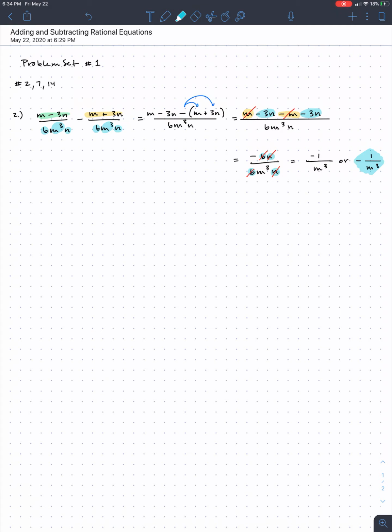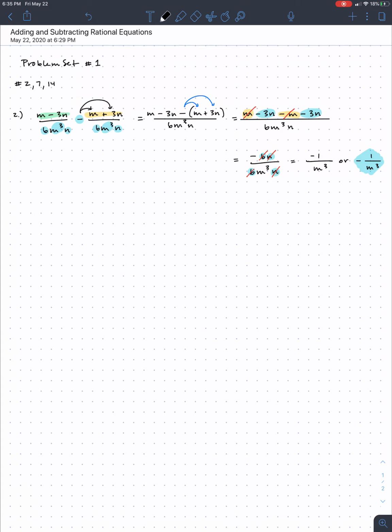So why did we show that example? Because we want to remember that when we're subtracting, this negative needs to be distributed to each term if I have multiple terms. We can't just put the negative in front of the m.